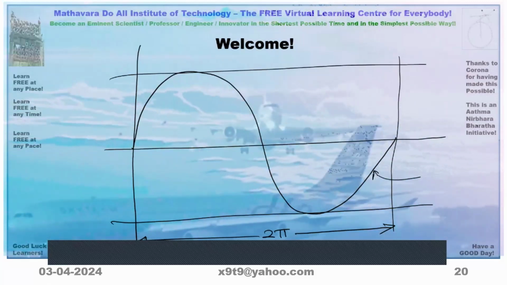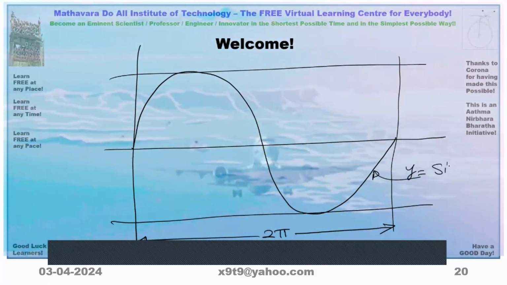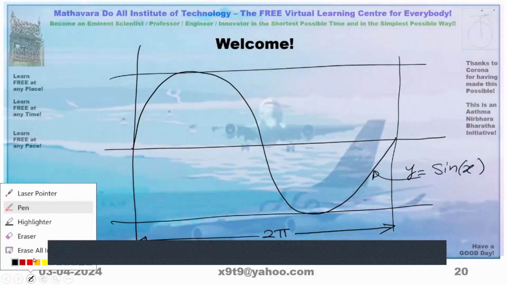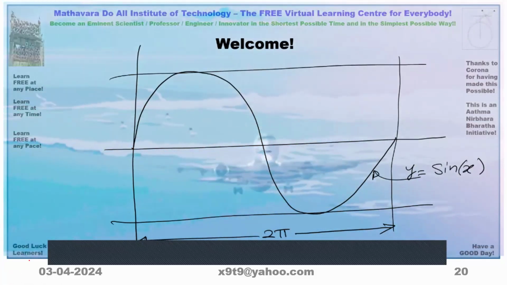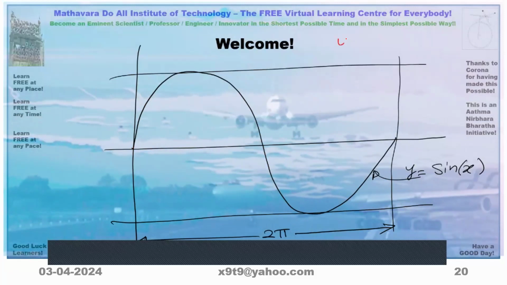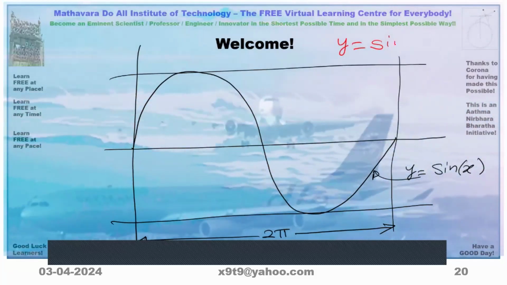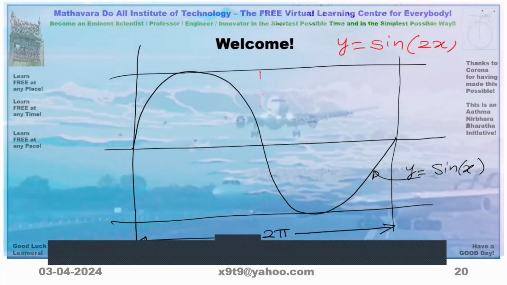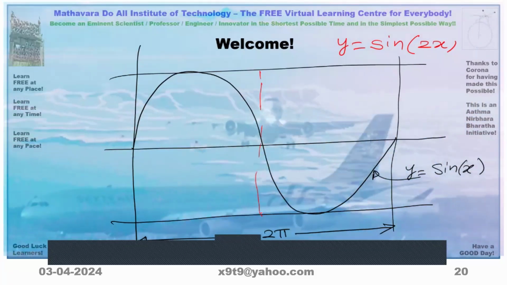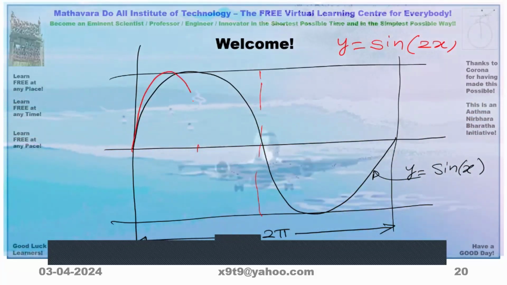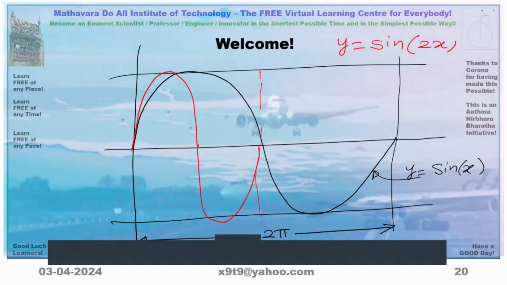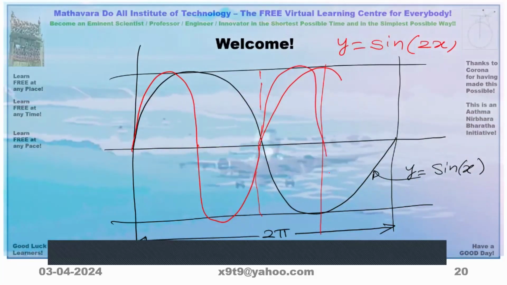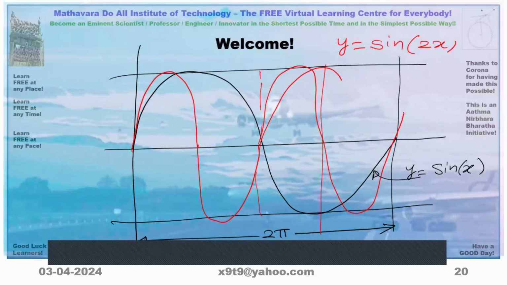This graph is y is equal to sin x. Now, if I write y is equal to sin 2x, what it will do is, it will make one cycle like this, another cycle like this.